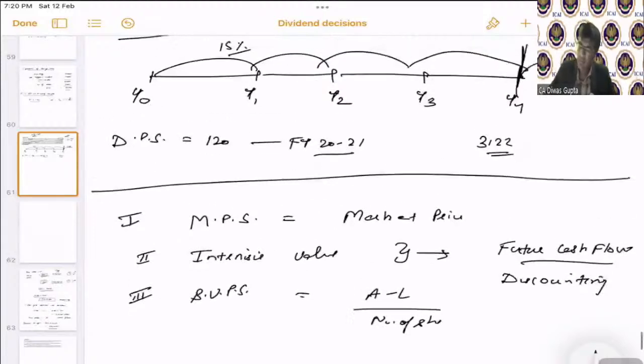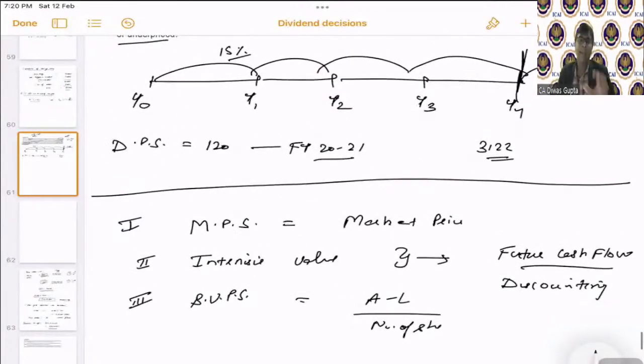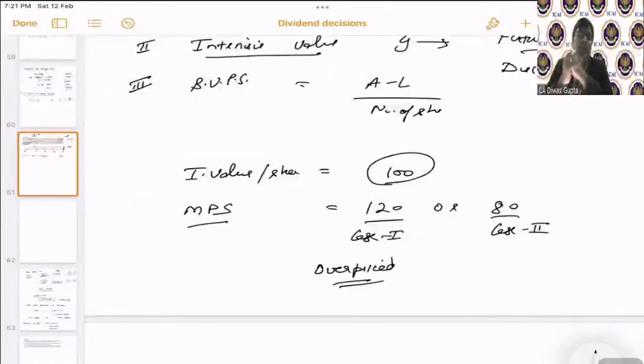Now, students, the intrinsic value is purely dependent on the future cash flows. If the future cash flows say that the intrinsic value per share is, let's say, 100 rupees, but the market price per share is also 100, don't you think it is overpriced?